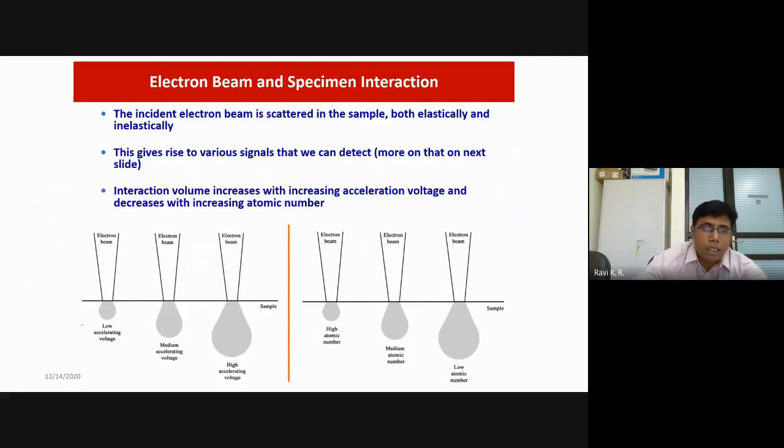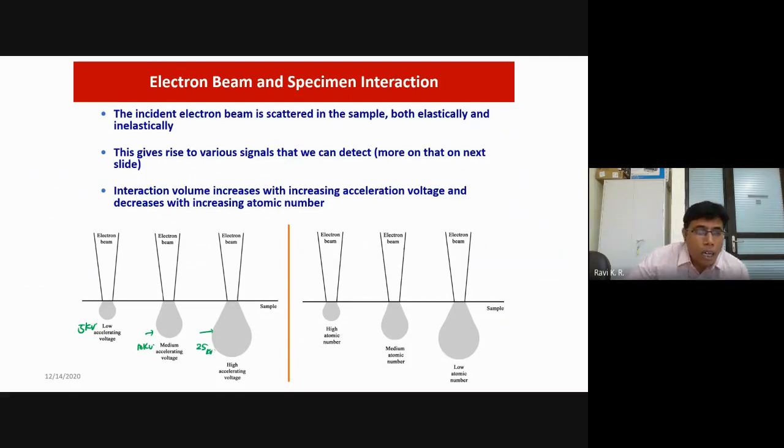Let's say that you have a sample. If we increase the accelerating voltage, let's say you work at 5 kV, this is your interaction volume. If you change to 10 kV, you have this much interaction volume. At 25 kV, this is your interaction volume. As I told you earlier, we would like to have a lower interaction volume.